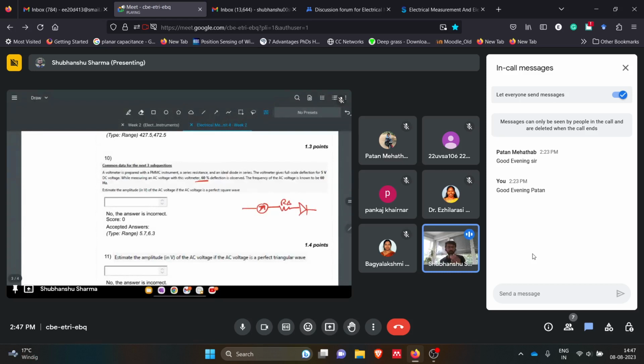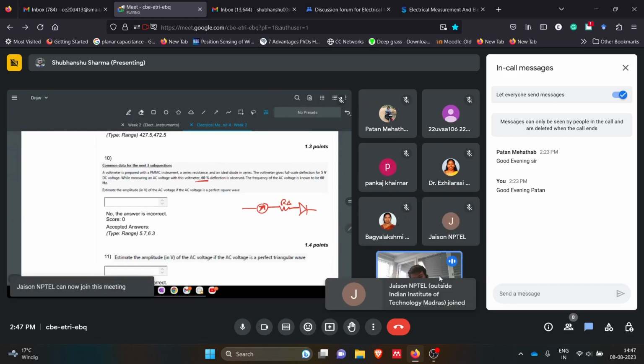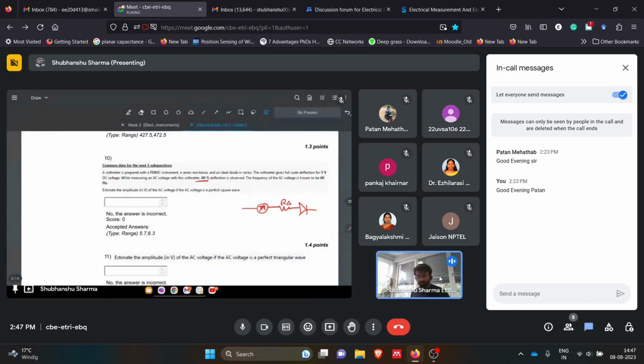So basically this will only get the value for the half wave of the cycle. The voltmeter gives full scale deflection for 5 volt DC voltage while measuring an AC voltage. With this voltmeter, 60% deflection is observed. The frequency of the AC voltage is known to be 60 hertz, so they have given the frequency also.